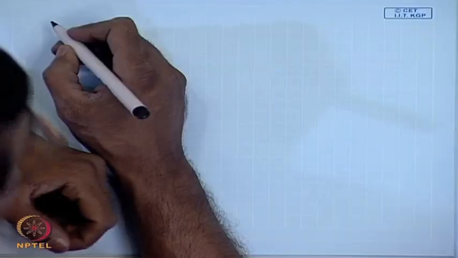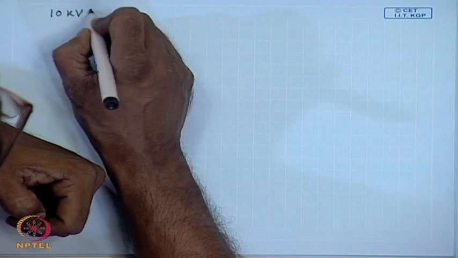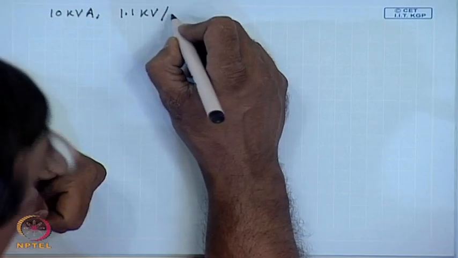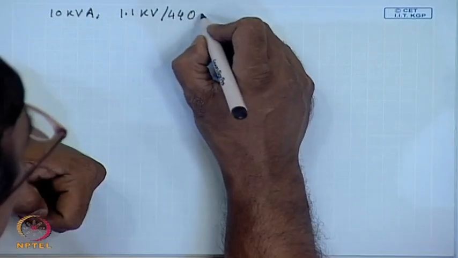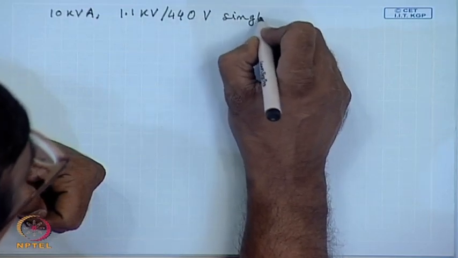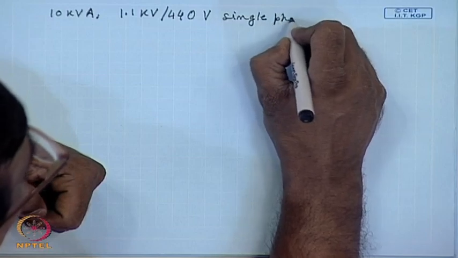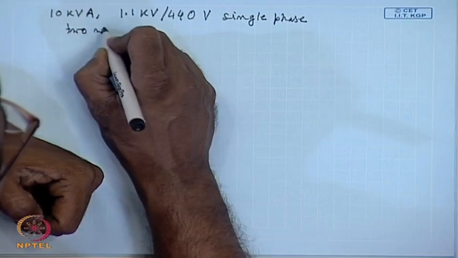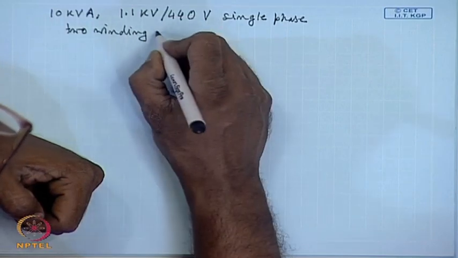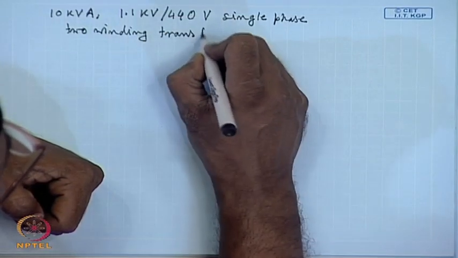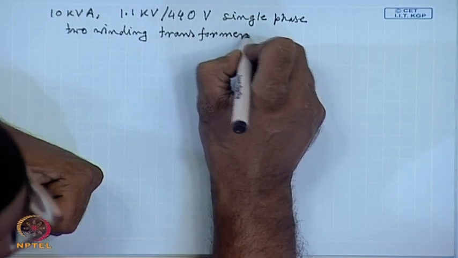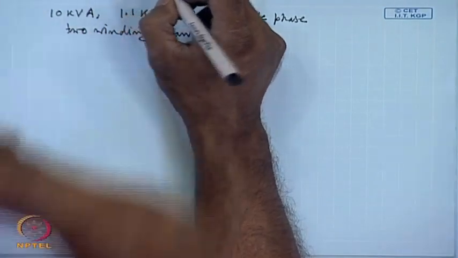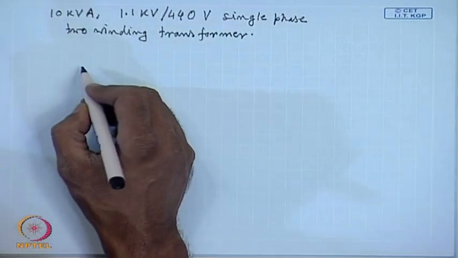You have a 10 kVA, 1.1 kV by 440 volt, single phase two winding transformer. So, this is the two winding transformer.